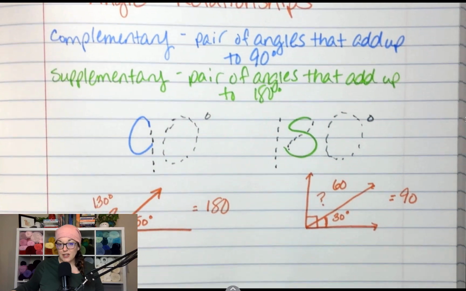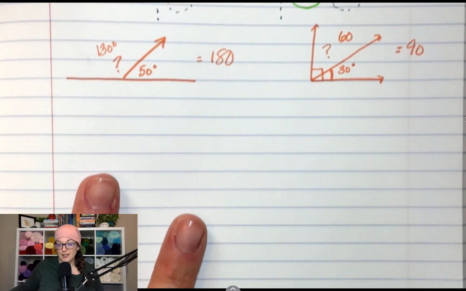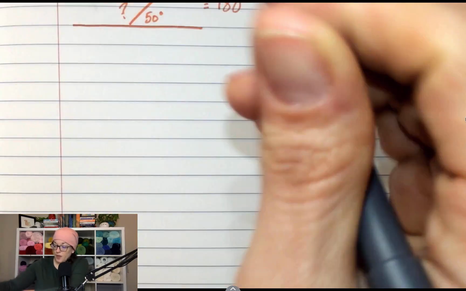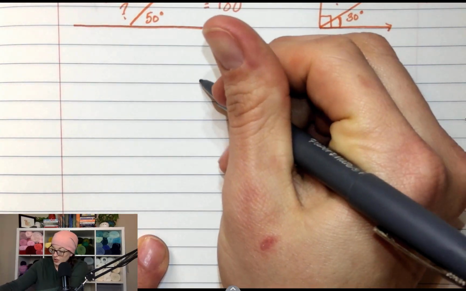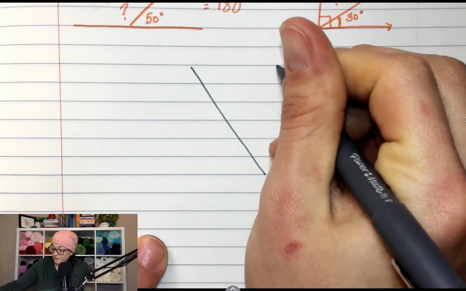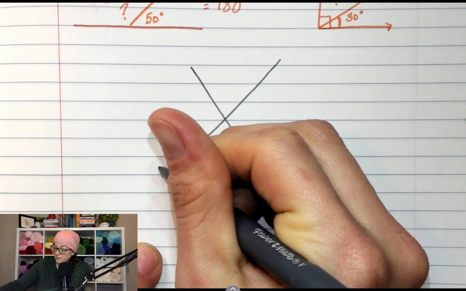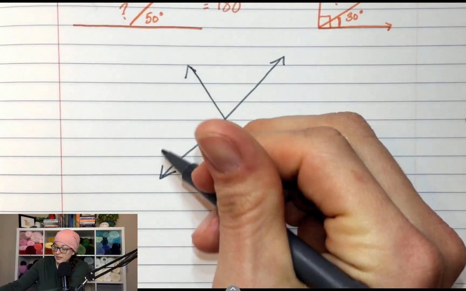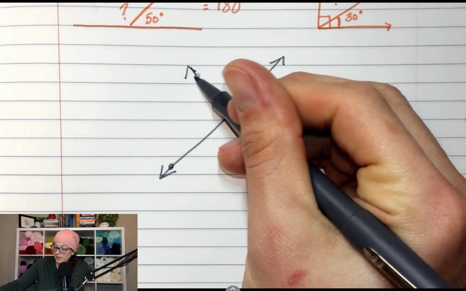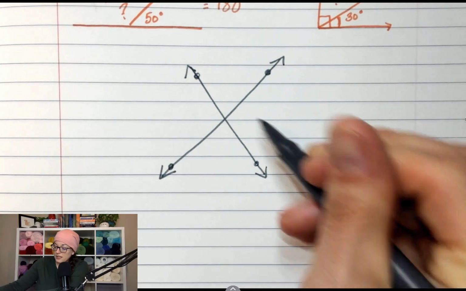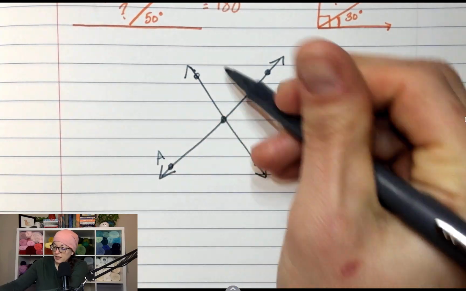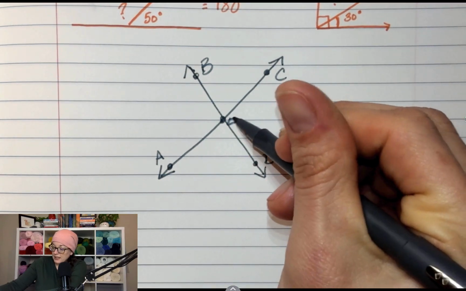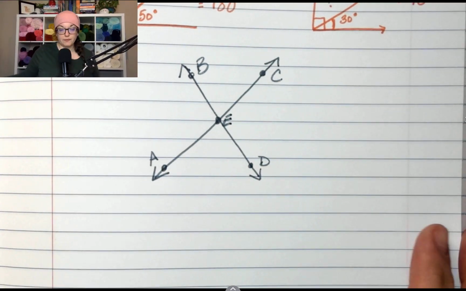All right, the other types of angles we're going to look at, here's where there's lots of vocab. So I'm going to draw an X on the paper and label this A, B, C, D, E. E is going to be the middle one.